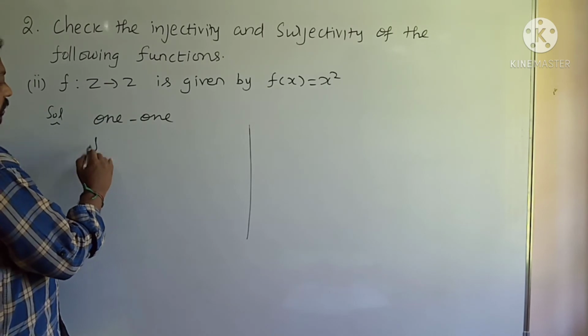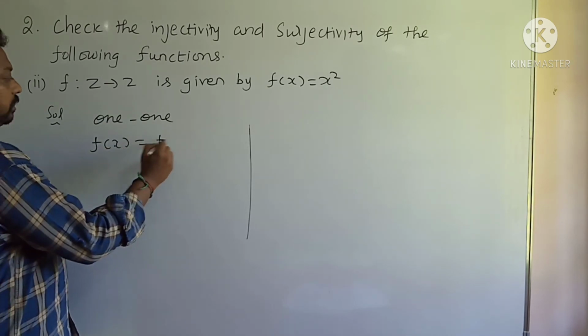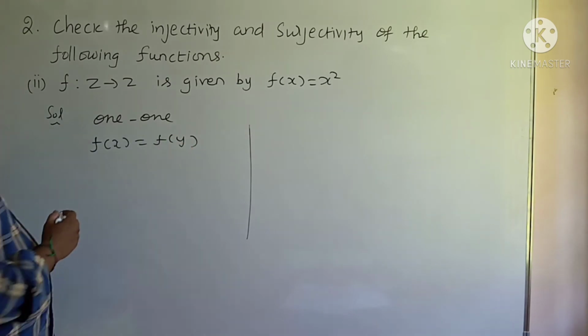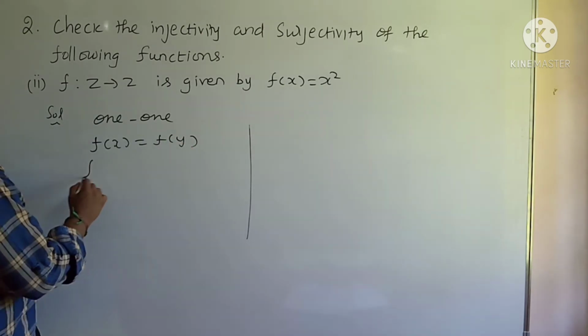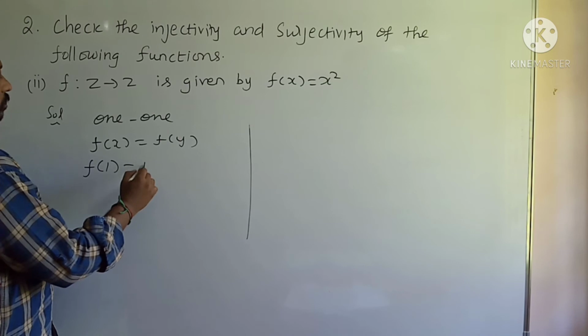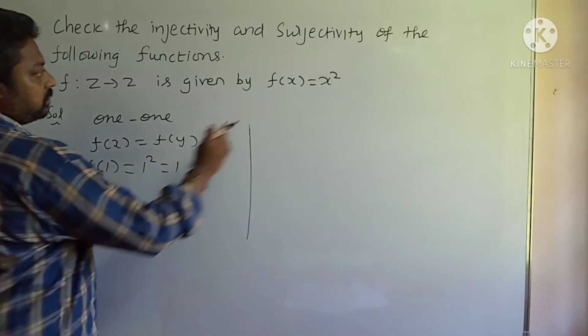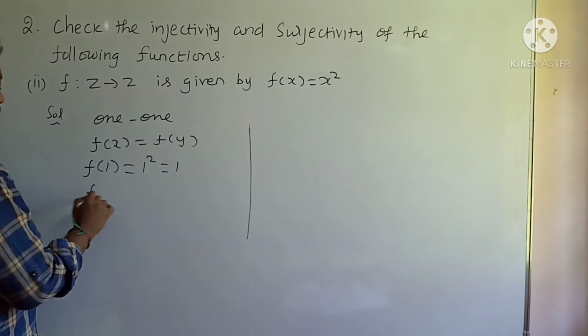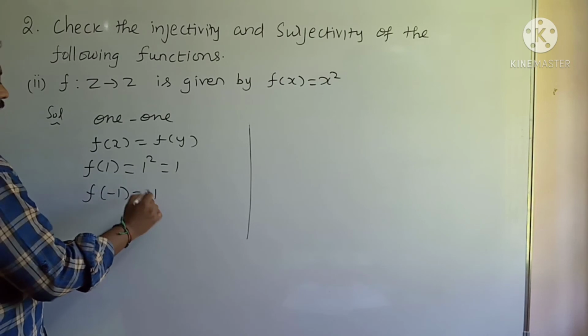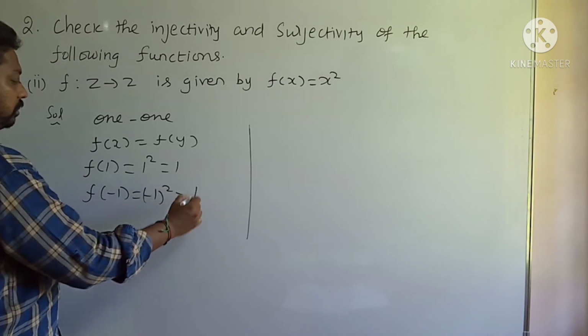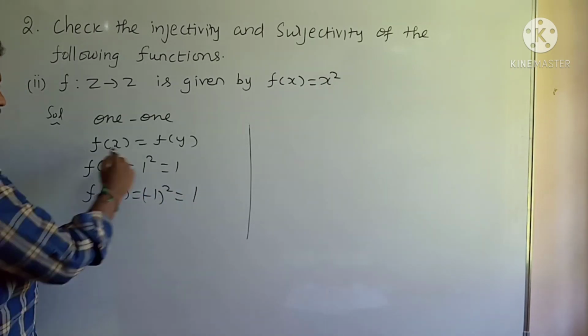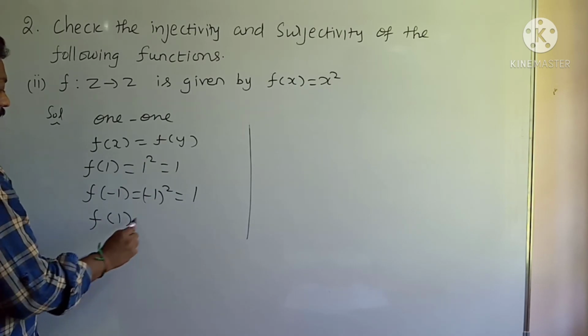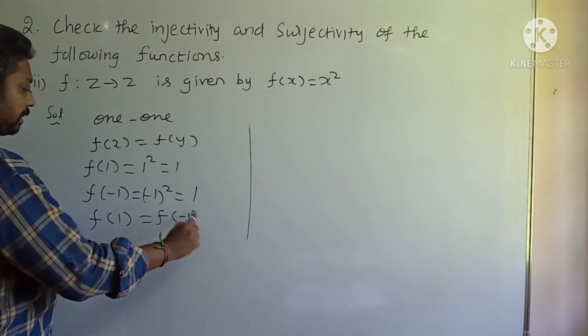For example, if f of x equals f of y, we will take some random values. So f of 1 is 1 square, which is 1, because f of x is x square. What is f of minus 1? Minus 1 whole square, we got 1. So f of 1 equals f of minus 1.